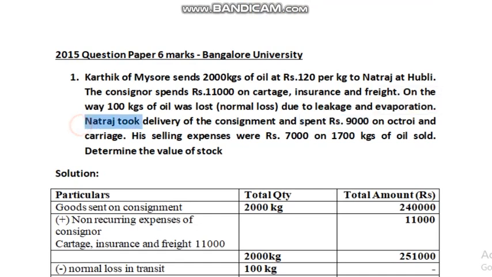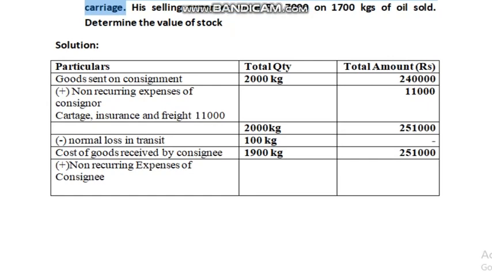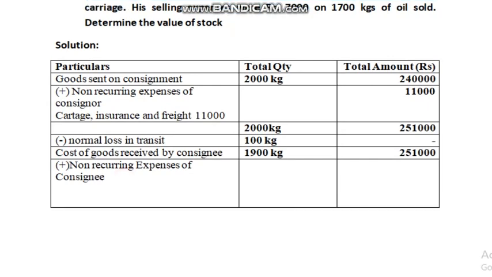Natraj took delivery of the consignment and spent 9,000 on octroi and carriage. So this is the non-recurring expenses of consignee, octroi and carriage. How much? 9,000 rupees.